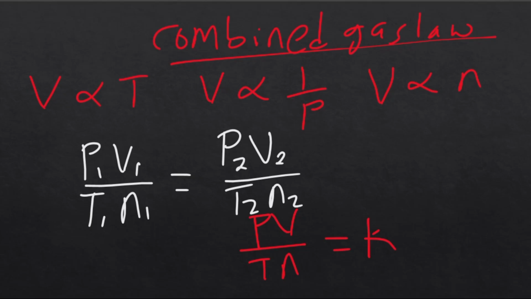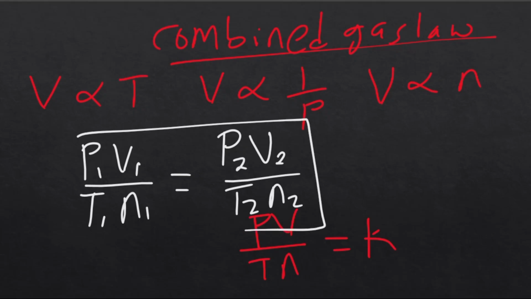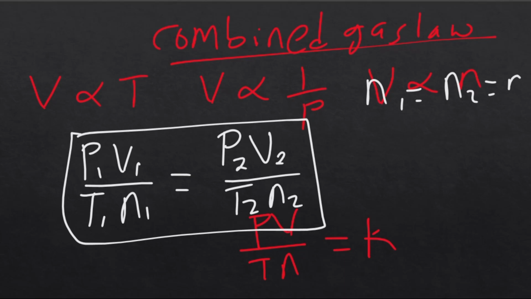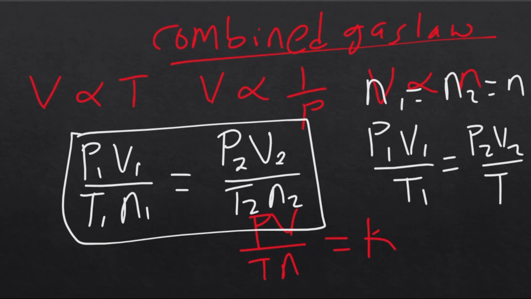It is useful in calculations, but we could have used the gas laws independently to solve equations if we wanted to. When the number of moles in the initial stage is equal to the number of moles in the final stage, the moles are constant, so looking at the fractions on both sides of the equation, n cancels out, leaving you with a simpler version of the combined gas law.